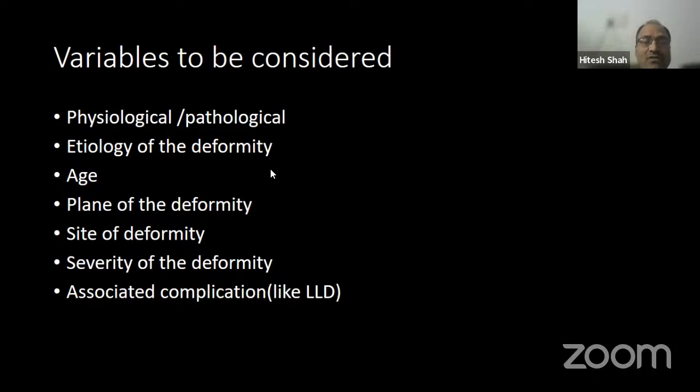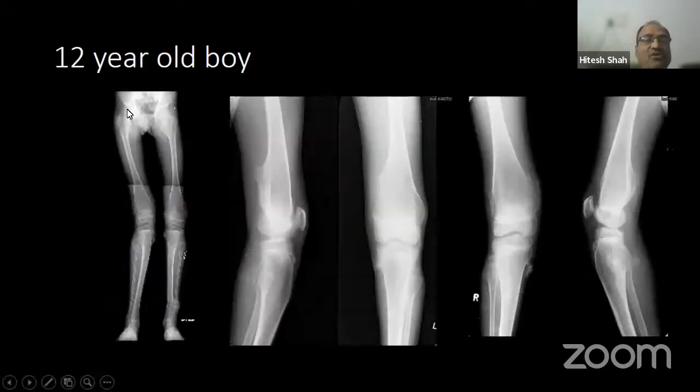On the right side, the mechanical axis is falling on the lateral side. On the left side, the mechanical axis is falling on the medial side. Once the mechanical axis falls on the lateral or medial side, that will give an idea of whether the deformity is valgus or varus.